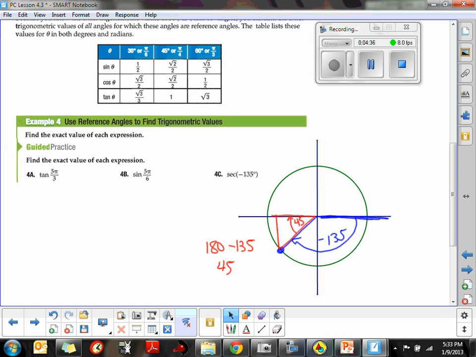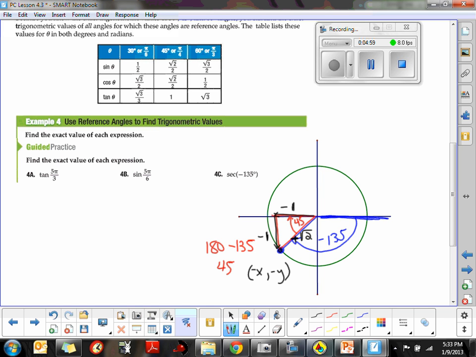So on a 45, 45, 90, our ratios that we have memorized are 1, 1, square root of 2. Now the hypotenuse, or the radius, is always positive. Since we went downward, this is negative, and since we went left, it's negative. Anytime we're in the third quadrant, our x and y values are both negative.